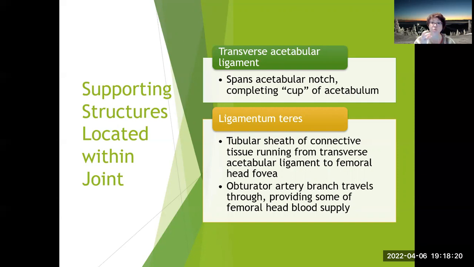So if you lose that ligamentum teres and you lose that blood supply, you could actually end up with avascular necrosis, where the bone actually dies off because it doesn't have a blood supply. And if you have avascular necrosis, you're heading for a total hip replacement, because when the head of the femur breaks down, that's kind of your only choice a lot of times.